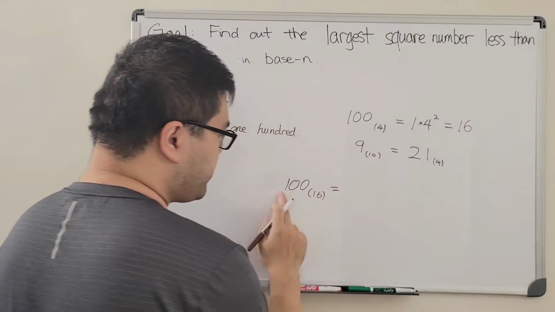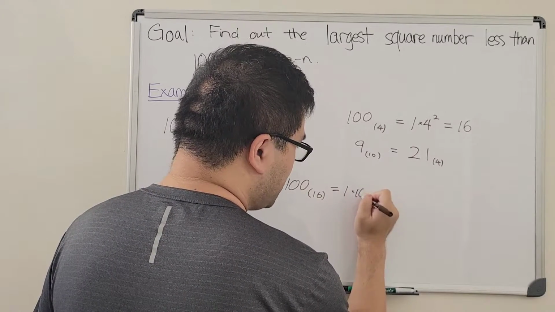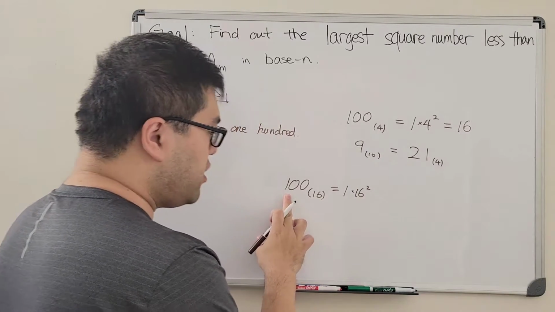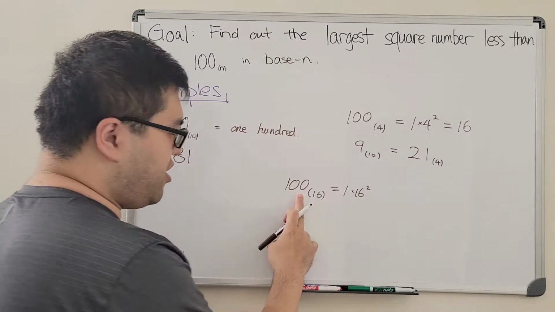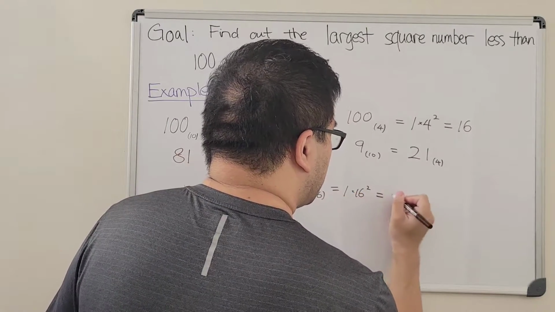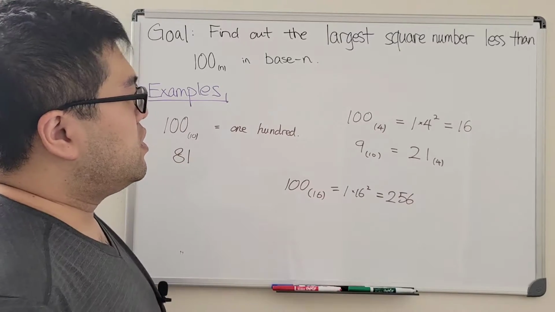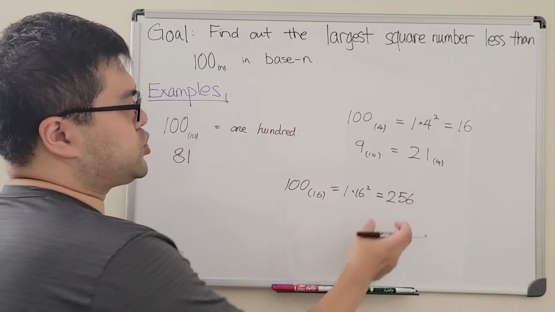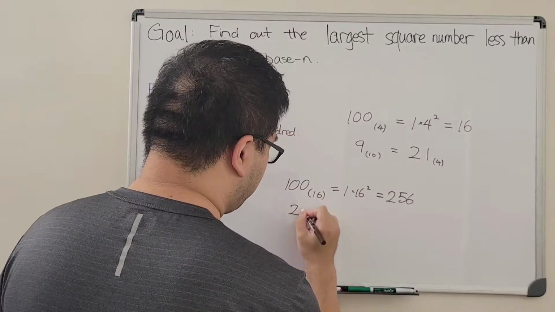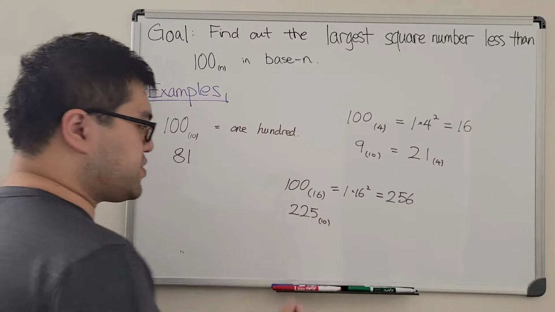So again, this expression means we have one copy of 16 squared plus 0 copies of 16 to the first power plus 0 copies of 16 to the 0th power, which gives us 256. And we know that the largest square number that is strictly less than 256 is 225, which is 15 squared.